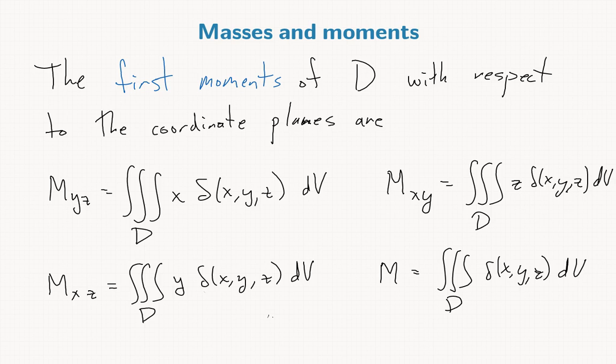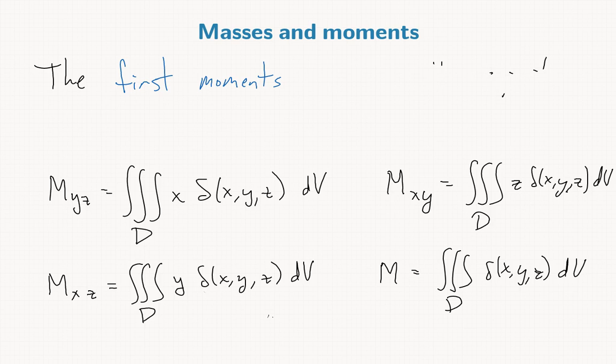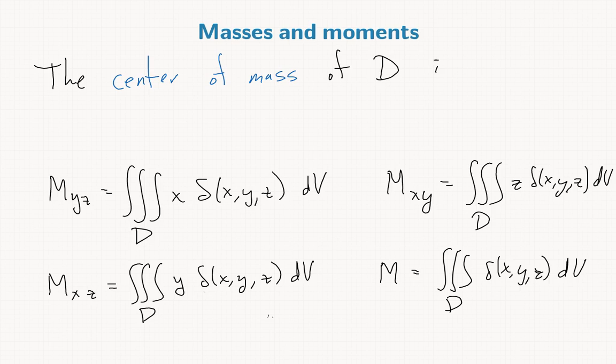Okay, so once we have defined the first moments, the center of mass of D is defined to be (x bar, y bar, z bar), where x bar is m_yz over m.